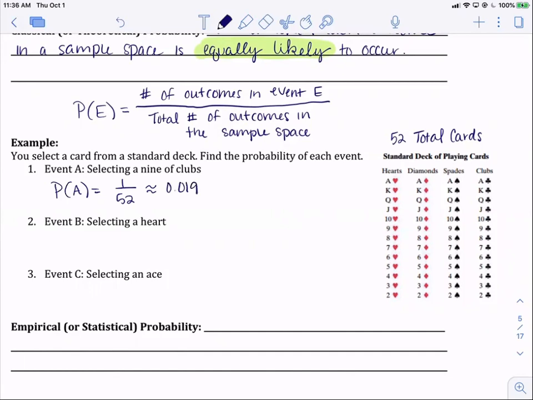Okay, selecting a heart. So there's 4 suits. How many did I say were in each? 13. So the probability of event B would be 13 over the 52, which would be what? 1/4 or 0.25.